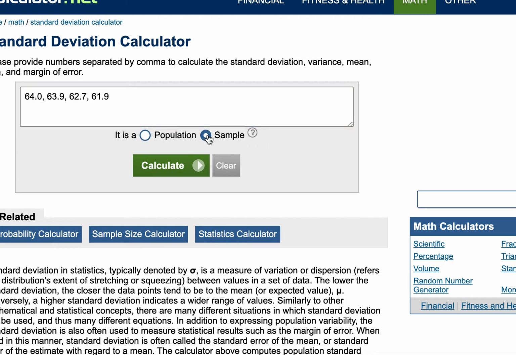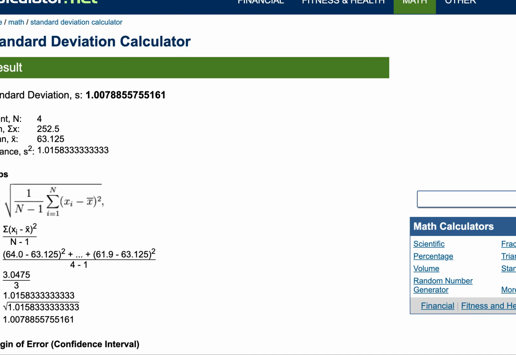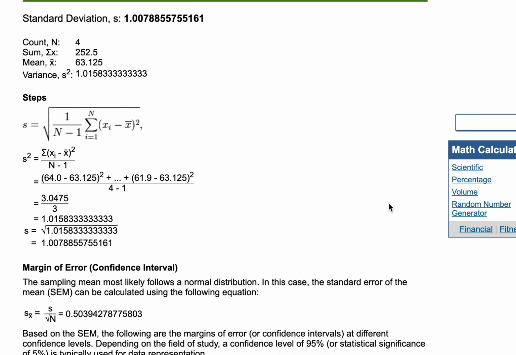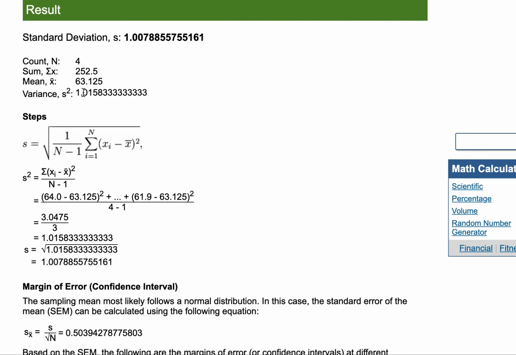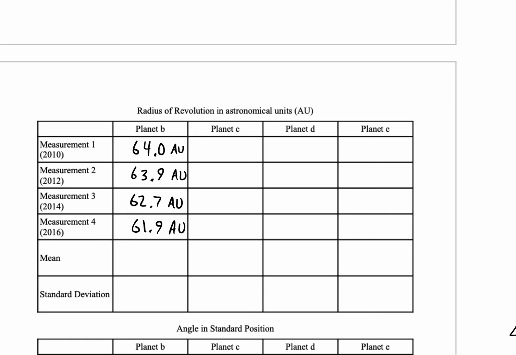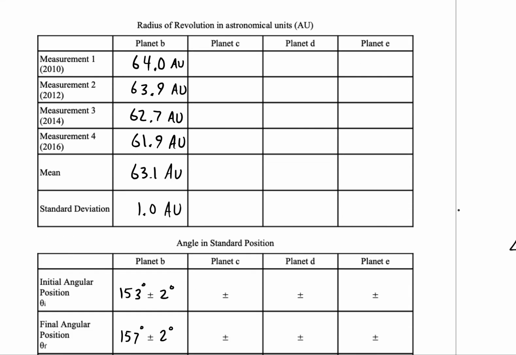Alright, this is going to be a sample. Calculate. Alright, it tells me my standard deviation is 1.0. Okay. The mean is 63.1. Alright, sounds fine.